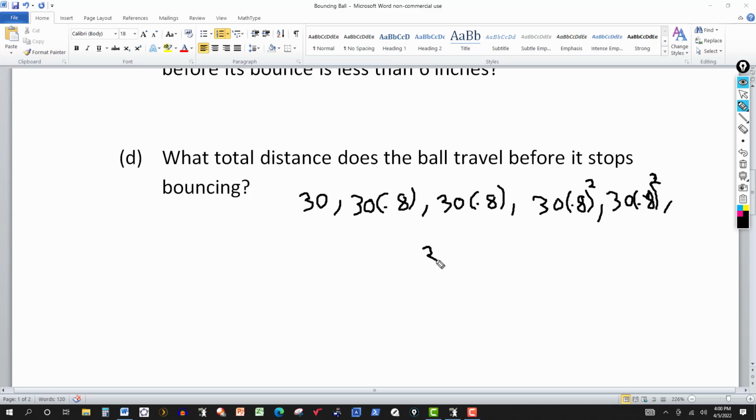And then it goes up 0.8 of the previous distance, which again, we just multiplied by 0.8, so that'll be 0.8 to the third. But then it falls that same distance. And it would be 30 times 0.8 to the third.